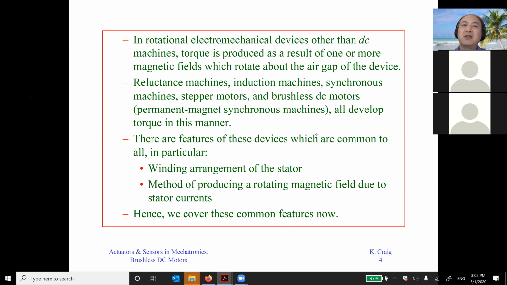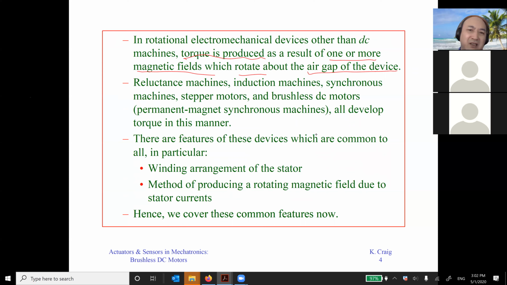If we are not talking about DC, then the torque could be produced as a result of one or more magnetic fields rotating about the air gap of the device. So then we have different types.